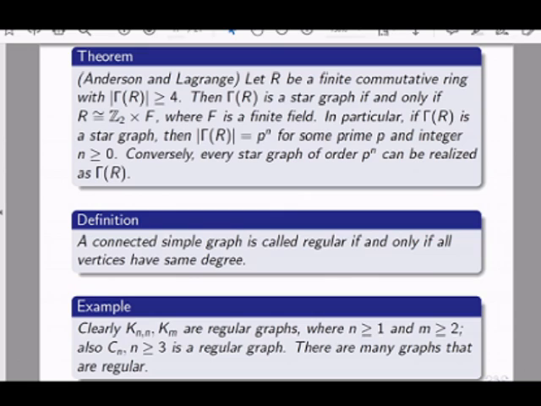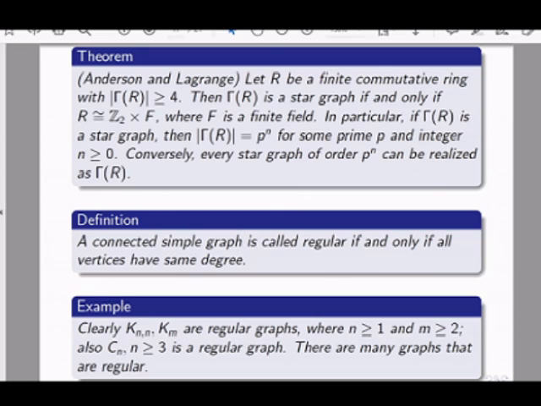The vertex in A will be connected to every vertex in B, and every two vertices in B are not connected.